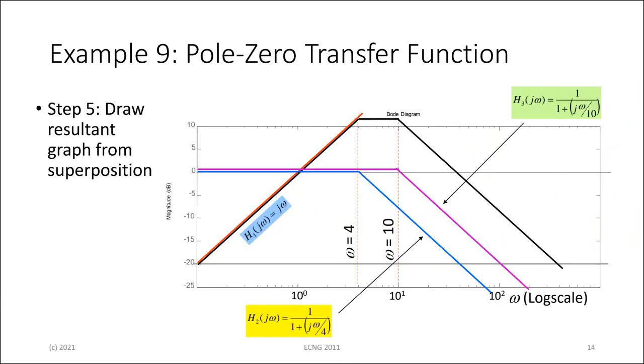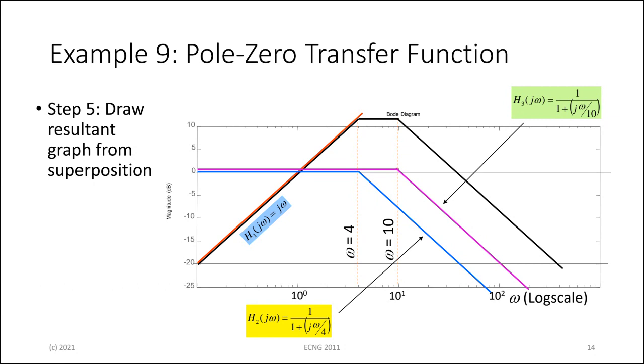So here we have it. No, the corner frequencies are at omega equal to 4 and omega equal to 10, not minus 4 and minus 10. It's an actual frequency, omega equal to 4. You're not solving the equation, it's where the corner frequency is going to change, all right?